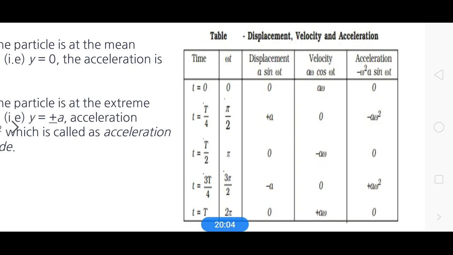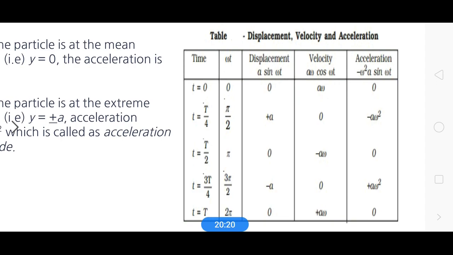Then if t is equal to 3T by 4, again the particle is at another extreme position. There we got the displacement as minus A. Next the velocity is 0 and acceleration is A omega square.